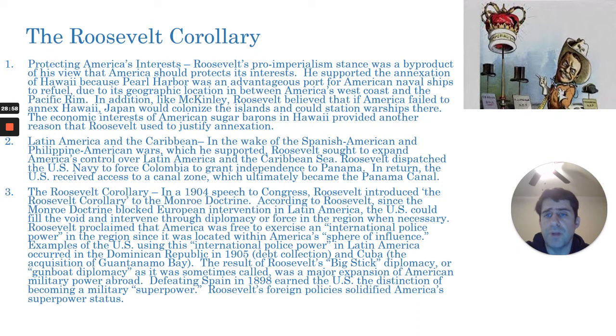Hawaii is sort of in between America's west coast and the Pacific Rim Asian nations, and economically, it would help merchants to be able to stop in at Pearl Harbor to port and refuel on their way to importing and exporting products out of Asia.